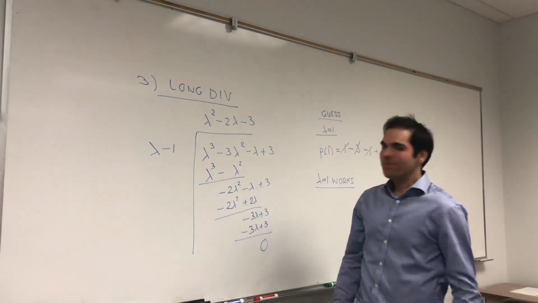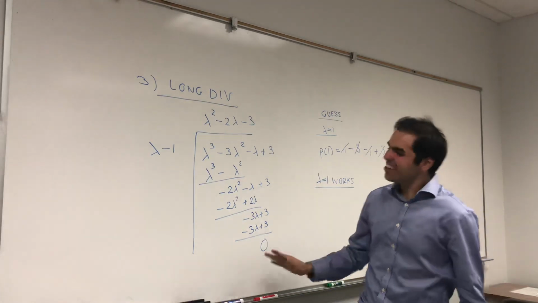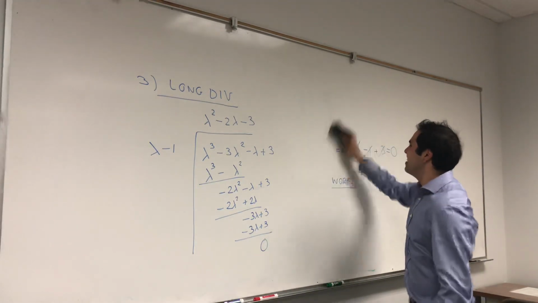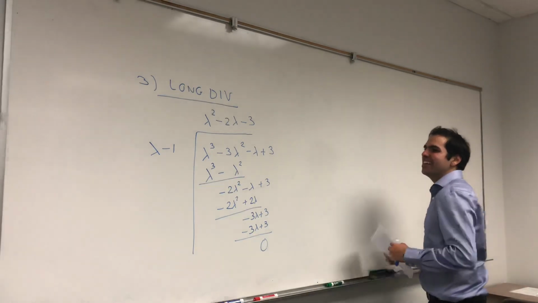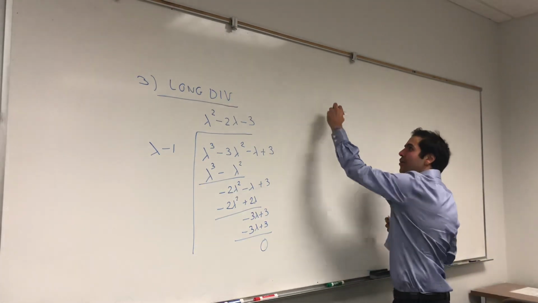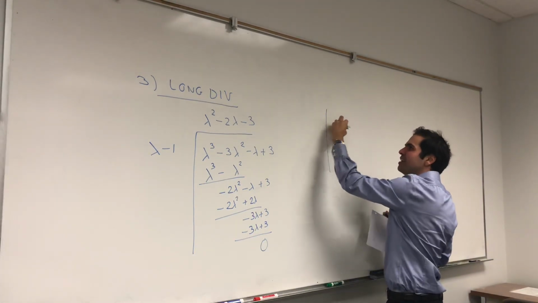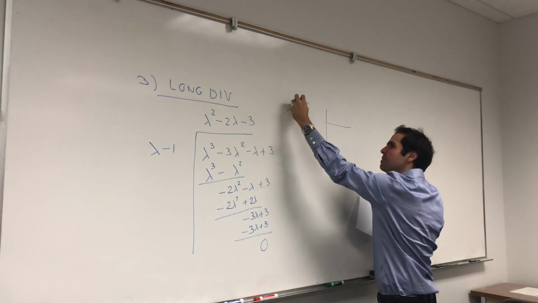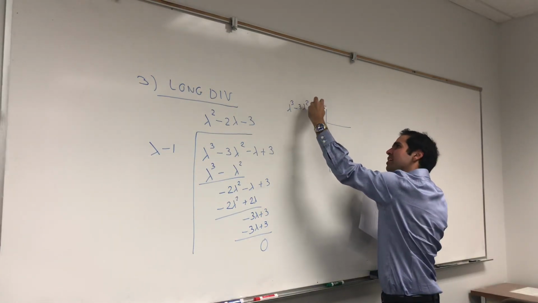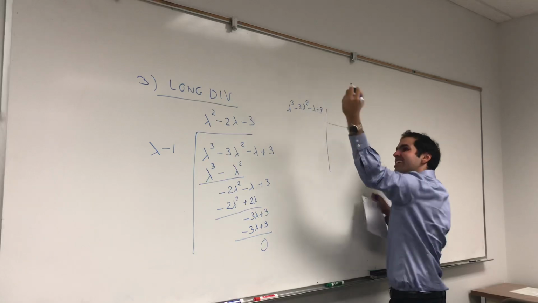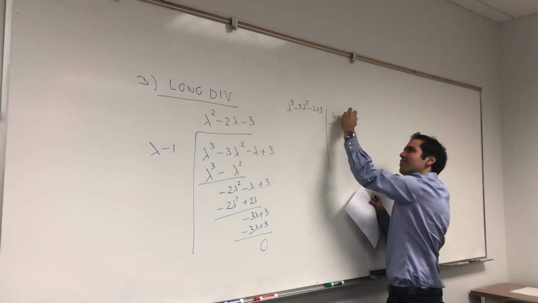And that works. And by the way, why do I say American long division? I don't know if you know the joke, but there is a French way of doing this, where you do lambda cubed minus 3 lambda squared minus lambda plus 3, and you divide it by lambda minus 1.